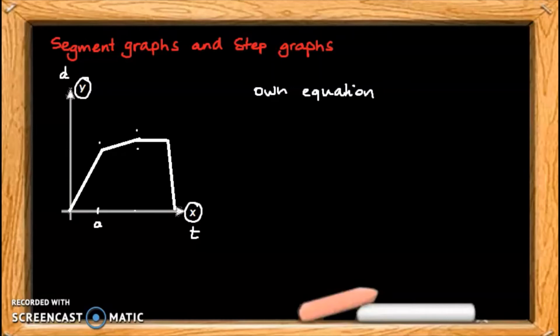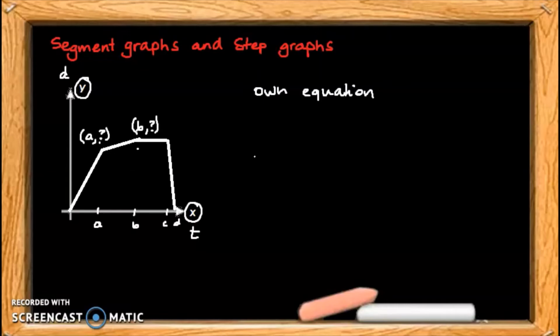So you might have point A here, B, C, and D on the x-axis. So therefore this point here would be A and something. And this point here would be B and something. And you can find the equation of a straight line between these points A and B and represent that as part of the equation.